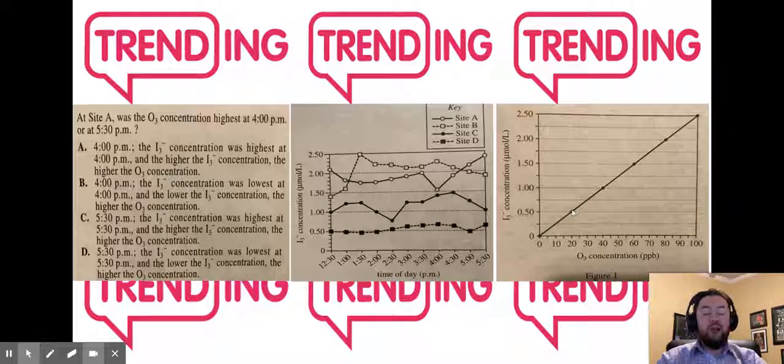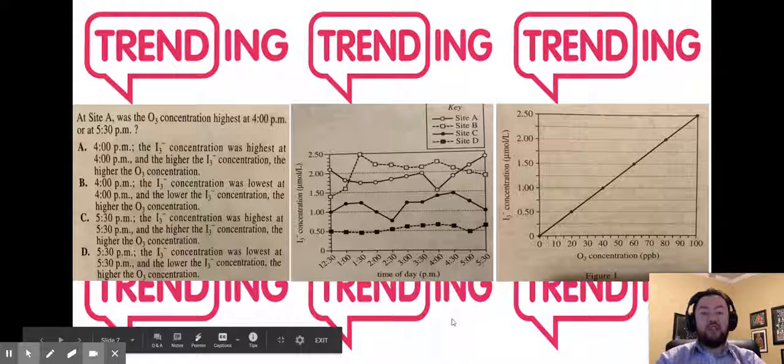So this is what we call a linear relationship. It's what we call a proportional relationship as well, where as I increase one, the other thing increases. And so I can see that increasing the O3 concentration has an effect on the I3 as both go up. So then I would go through here and I would look for that answer.